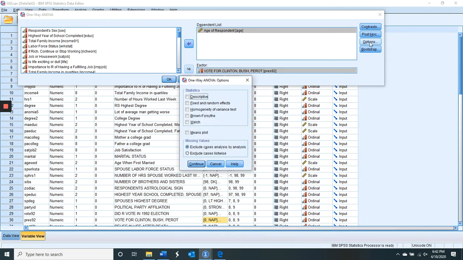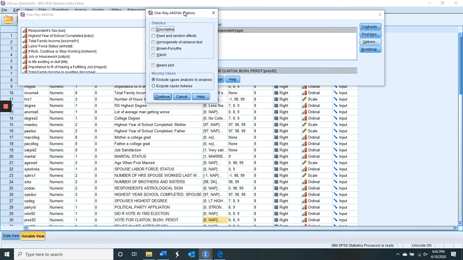Press continue. Then we go to options, a little tricky thing in ANOVA. I don't know why they don't do this automatically, but let's check descriptive so we can look at our group means and standard deviations so it's easier to see what's going on. We also need this for our table of descriptives.